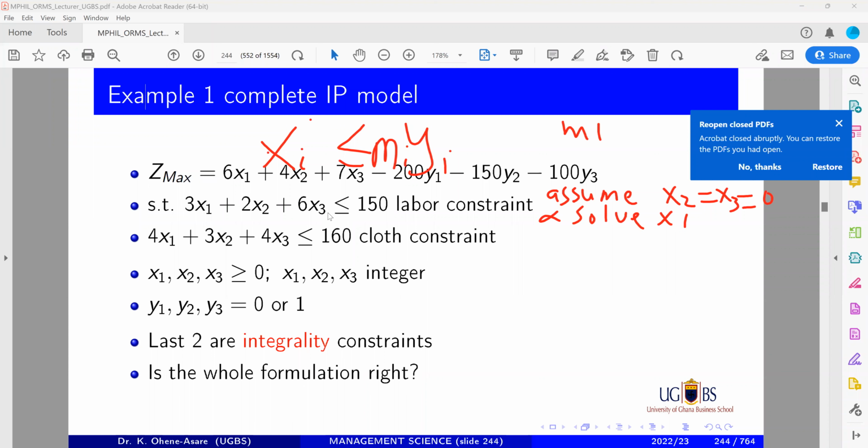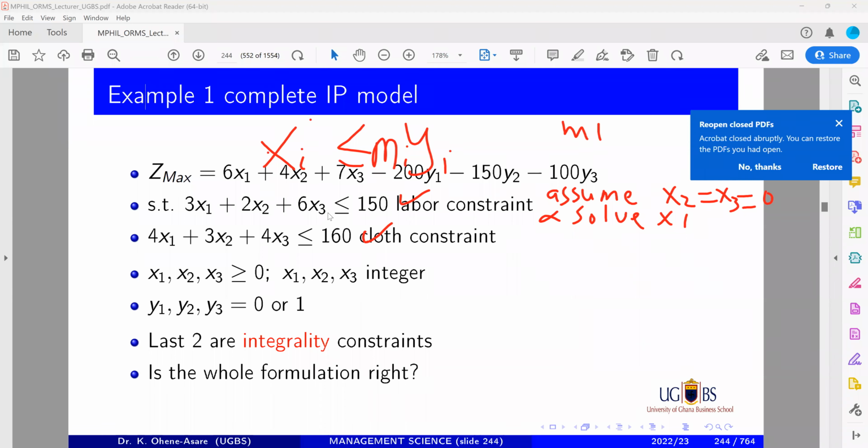Because remember, M1 is the highest value that X1 can take. So I'm going to assume X2 is 0, X3 is 0 in the first constraint, and then solve for X1. Then I will assume that X2 and X3 are both 0 also in the second constraint, and then solve for X1.